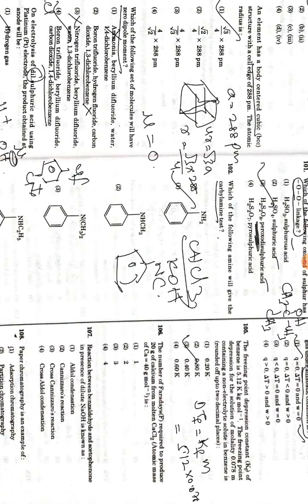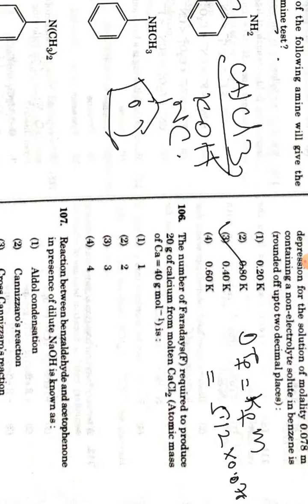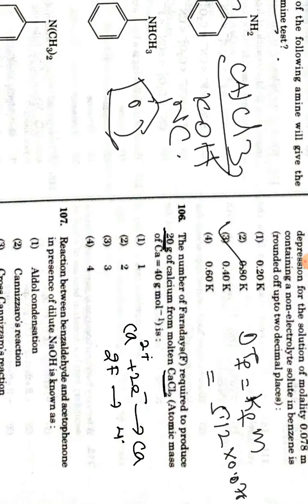Now 106, the number of Faradays required to produce 20 grams of calcium from molten CaCl2. So for CaCl2, you should write the equation. For 1 mole of calcium to deposit, 2 moles of electrons are required. So 2 Faradays are required for 40 grams deposition of calcium, but it is asking 20 grams, so it requires only 1 Faraday.